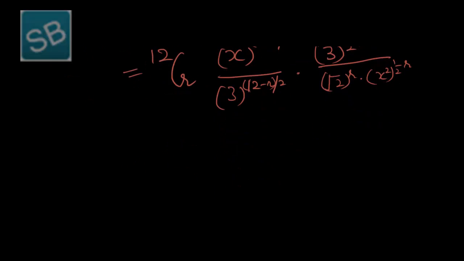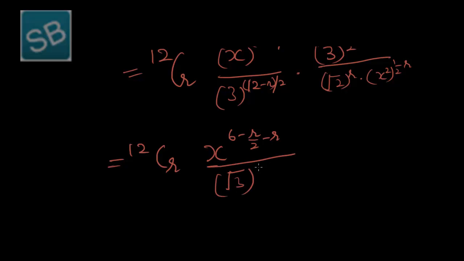So we get 12Cr, x raised to power 12 minus r by 2 is 6 minus r by 2, minus r. That is here and 2 is cancelled out, over under root 3 raised to 12 minus r, into under root 3 raised to power r, under root 2 raised to power r.